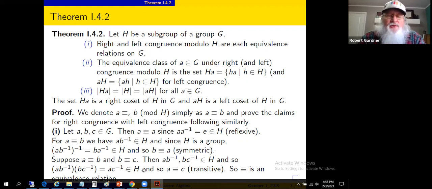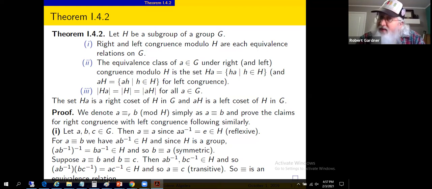We get ac inverse as an element of H. That is, a is right congruent to c. And so we've got a congruent to b, b congruent to c, implies a is congruent to c. We've got transitivity for right congruence, and left congruence is quite similar. So that establishes part one. We do have an equivalence relation.